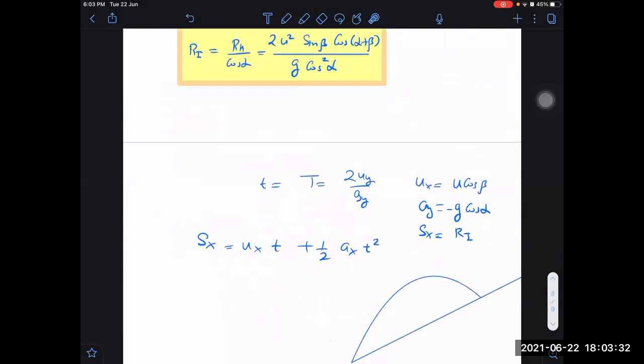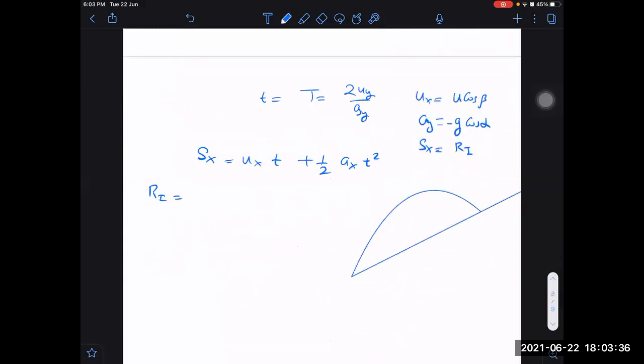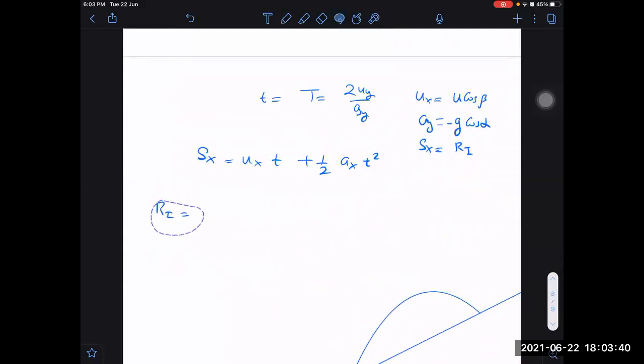Now I have to write in this equation. Let us see what we get. R is equal to, just write the values. U cos beta into time of flight, 2 uy by gy, plus half of minus g sine.